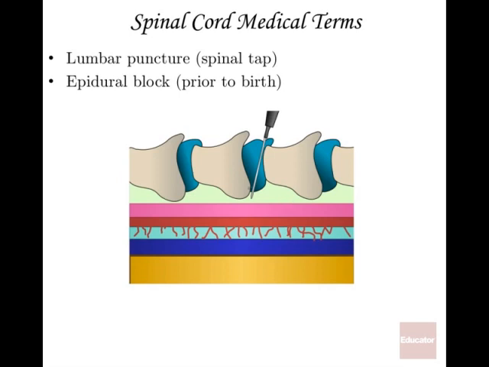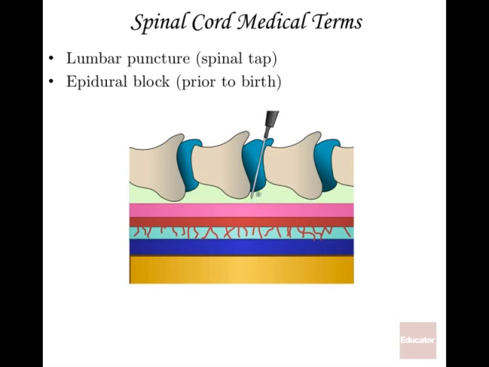And wherever they inject that pain medication, you're going to be numbing the nerves that branch off from just that portion. So if you inject it in the lumbar area, you're pretty much covering the area where those labor pains are normally felt. So an epidural block is done prior to birth to minimize the pain of childbirth.